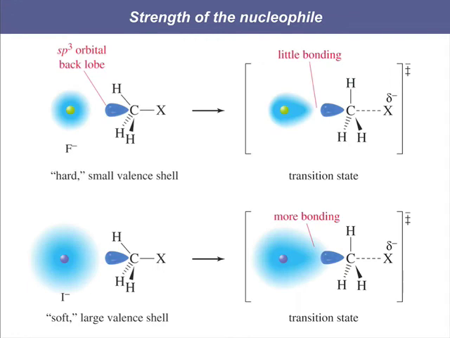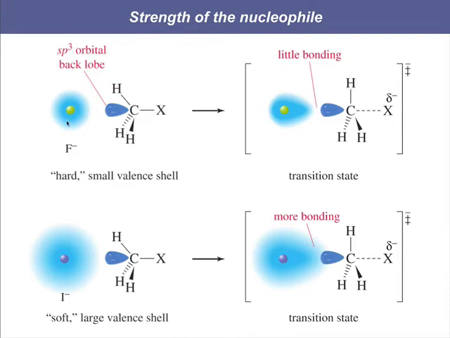It has to do with something that we call hardness and softness of the valence shell. So fluoride, having fairly small orbitals, just has the 2s and 2p's in the valence, versus iodide, which has 5s and 5p in the valence.